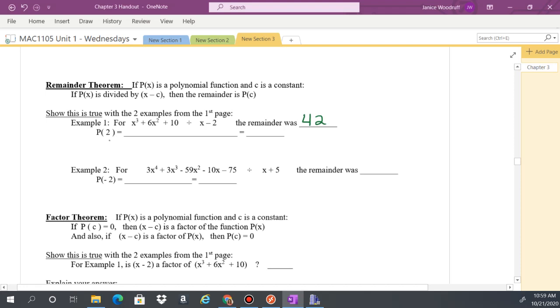So what is p of 2? This theory tells you, okay, you can quickly test to see if there's going to be a remainder. If I plug 2 into the function, 2 cubed plus 6 times 2 squared plus 10.